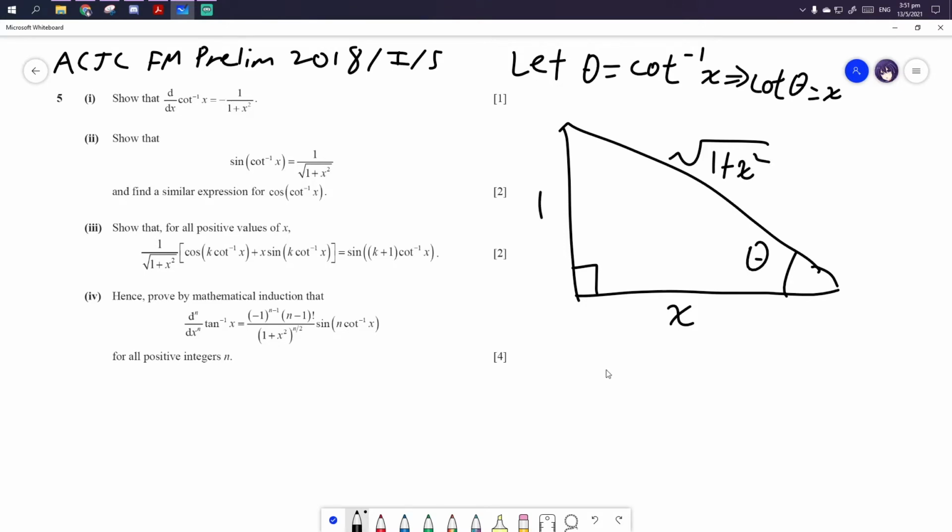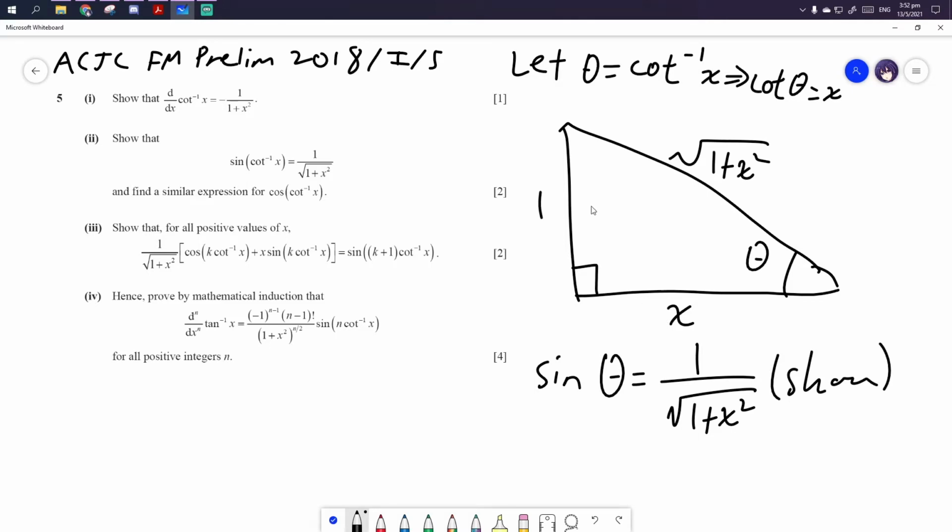And then from the diagram, we can just see that sine theta, which is sine of cotangent inverse of x, is equal to just 1 over square root 1 plus x squared, because this is the opposite over the hypotenuse, and adjacent over hypotenuse gives us cosine theta, which is just x over the square root of 1 plus x squared. So this part is also quite simple.